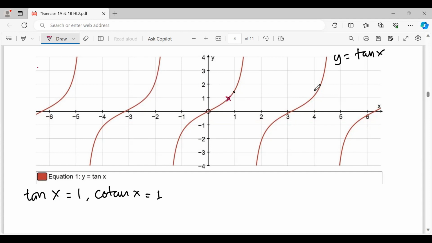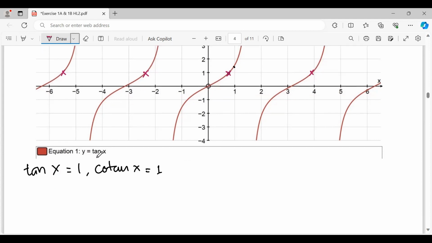And it happens here, at four coordinate points. At -7/4 pi, comma 1.